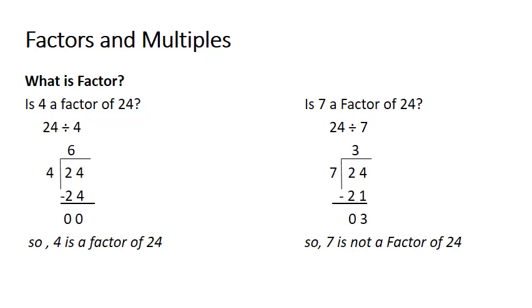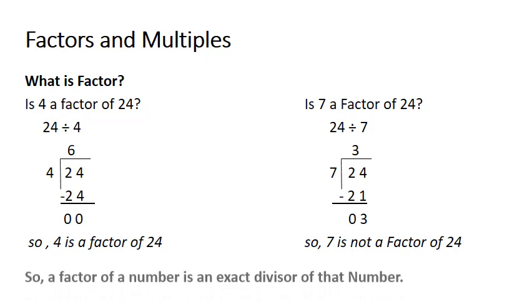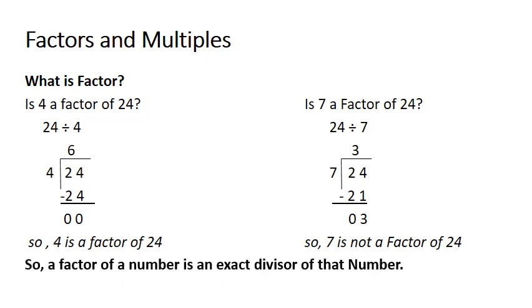So if 24 is not divisible by 7, then 7 is not a factor of 24. So here we can understand that a factor of a number is an exact divisor of that number.